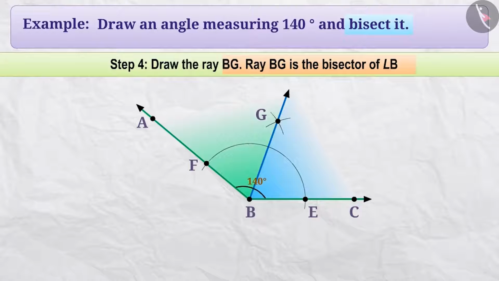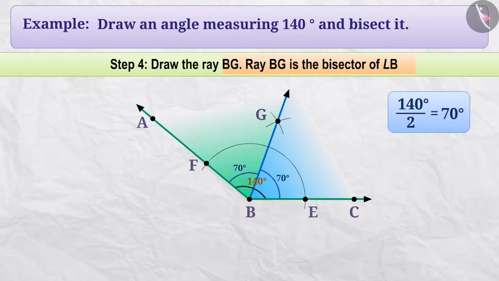This verifies that we have properly bisected the angle measuring 140 degrees, giving us two angles each of them measuring 140 degrees divided by 2, which is equal to 70 degrees.